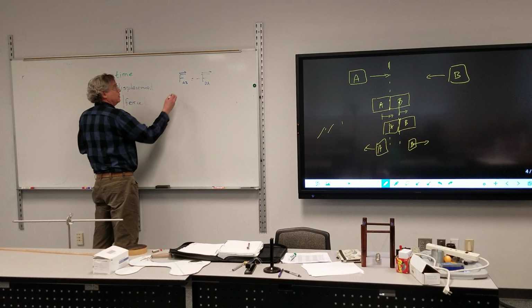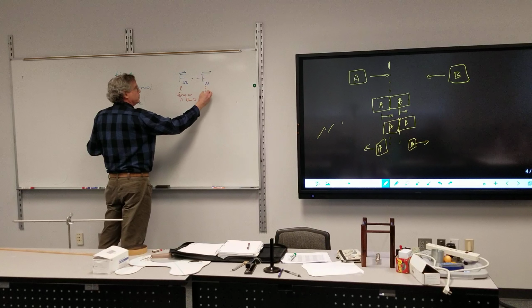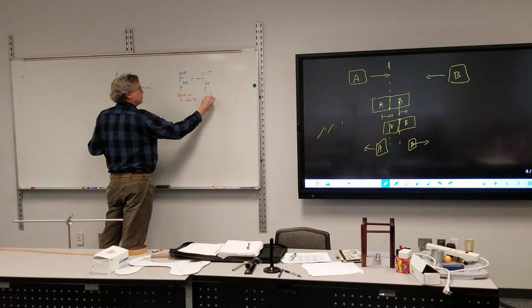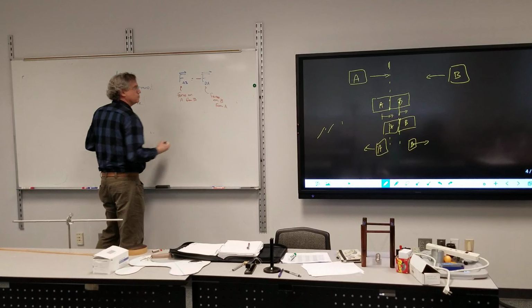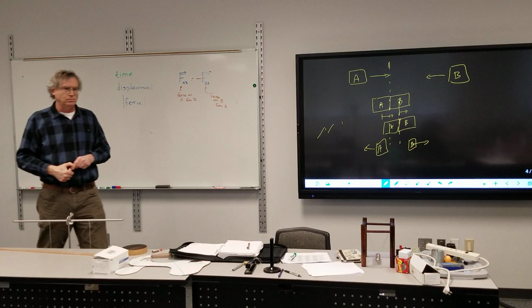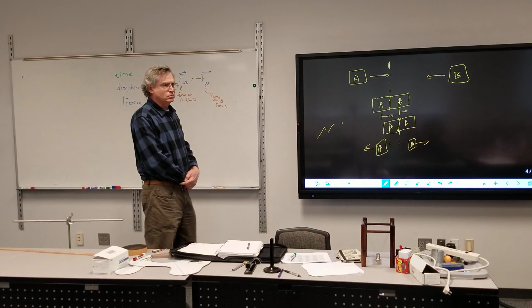So, this is the force on A from B, and the force on B from A. This is the three things they share in common with each other when they are colliding.